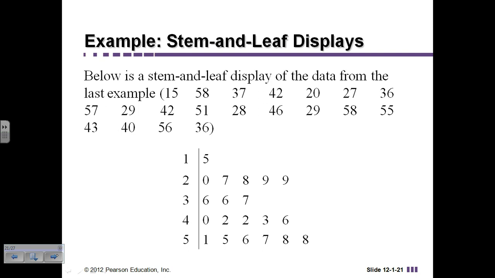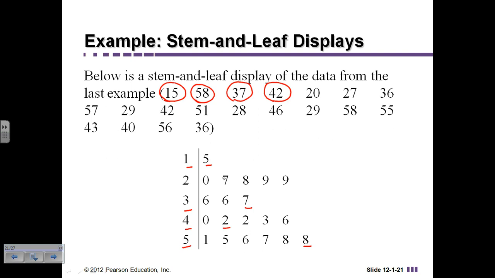So it ends up looking sort of like a histogram. So you'll notice here, for example, the number 15 is our first number, so 15 is 1 and 5. 58 is down here with the 5 and the 8. 37 is 3 and 7. 42 is 4 and 2.